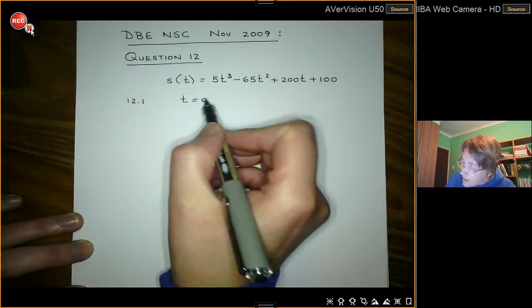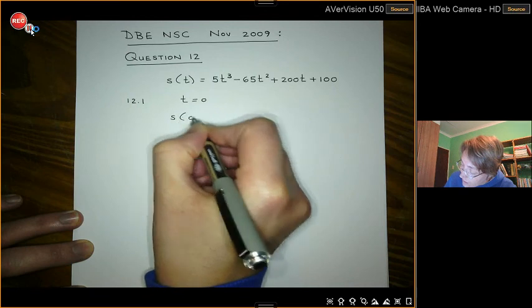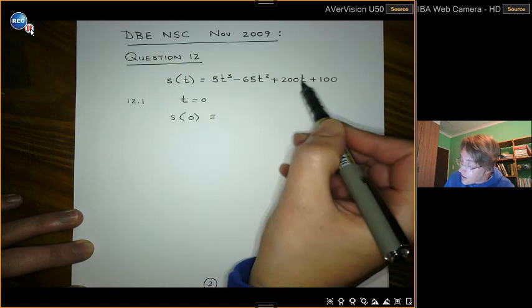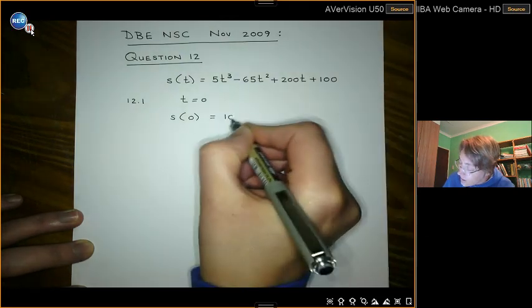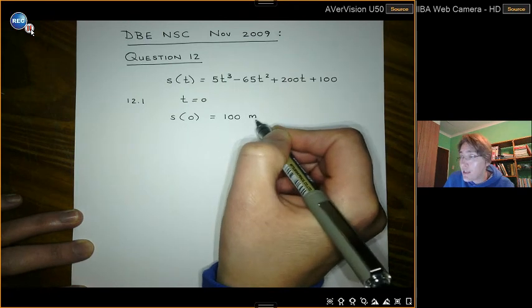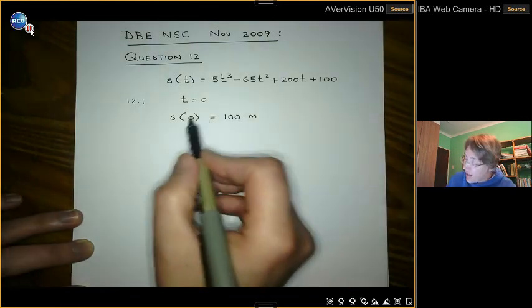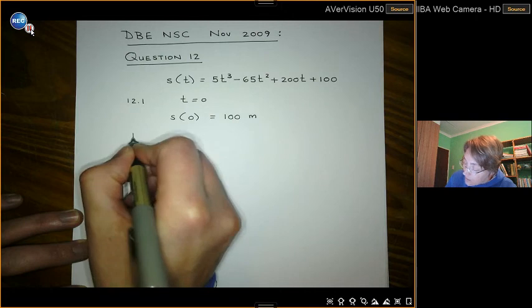So I'm simply going to substitute the 0 into that formula. So S of 0. Quite easy, because every single time I put 0 in there, it's equal to 0. So all that's remaining is that 100. So it's 100 meters, because they told me it's height above sea level in meters. So that means my height above sea level right at the beginning is 100 meters.